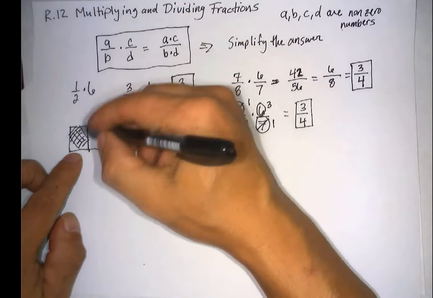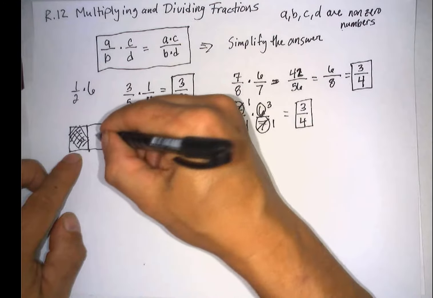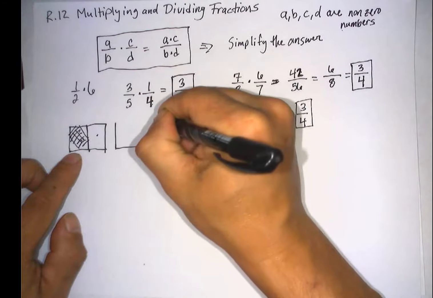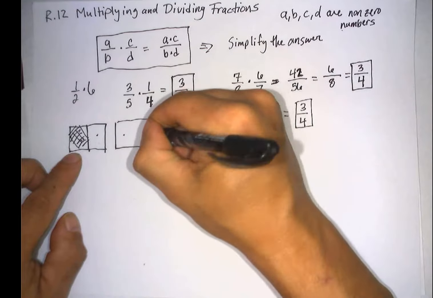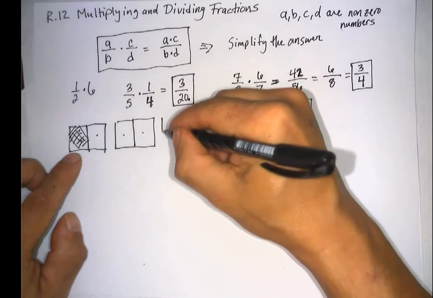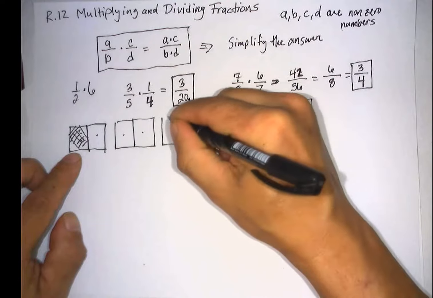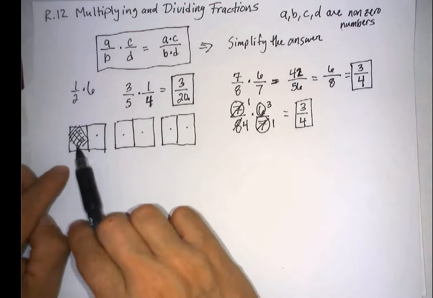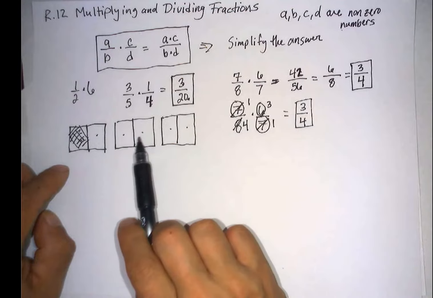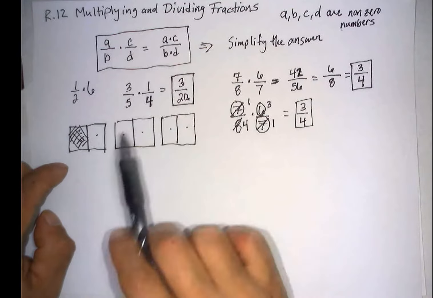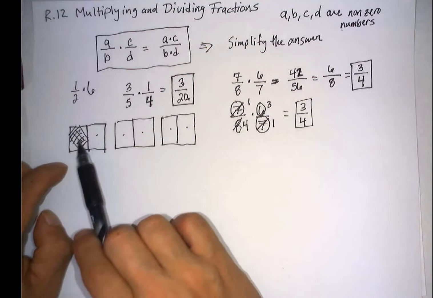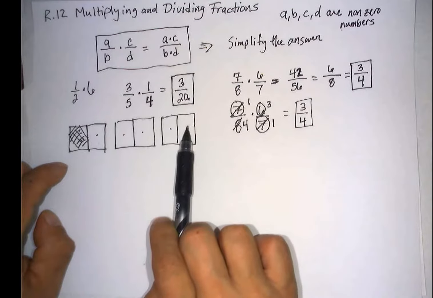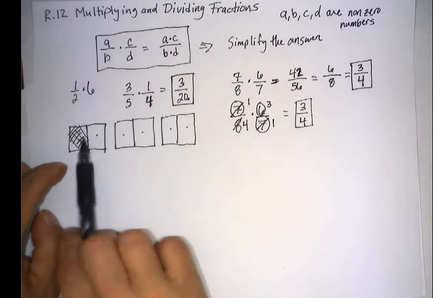So six halves would be 1, 2, 3, 4, 5, 6. These halves would fill up this area. This is 1, 2, 3, 4, 5, 6 halves, and that's 3 wholes.